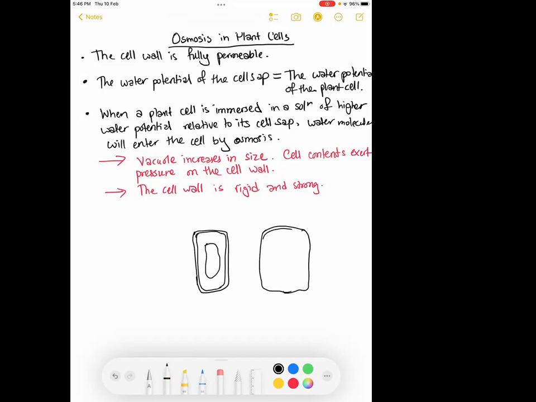Okay. So what happens is all these cell contents are pushing towards the cell wall. But because the cell wall is quite strong, what it does is it pushes back towards the cell.